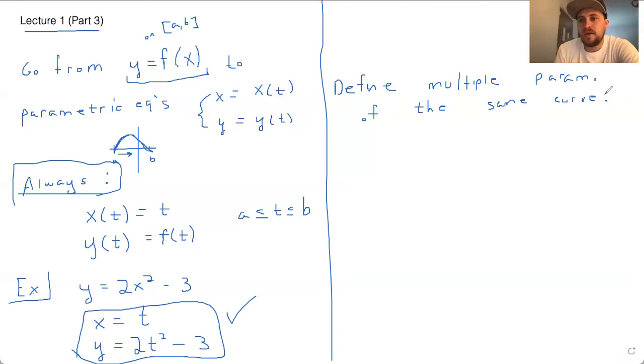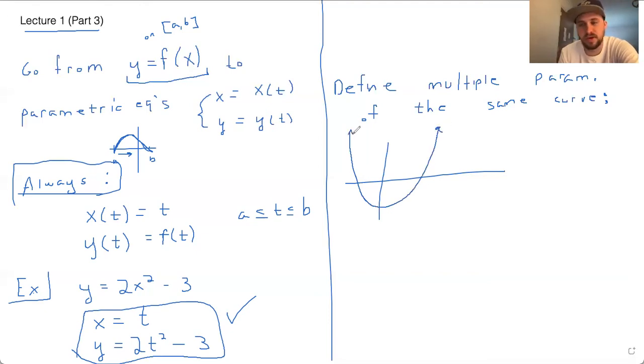And one that is really common is when you define a parameterization like x of t equals t, and then y equals f of t, whatever it is, right? When we look at that curve, it's a parabola with y-intercept -3.